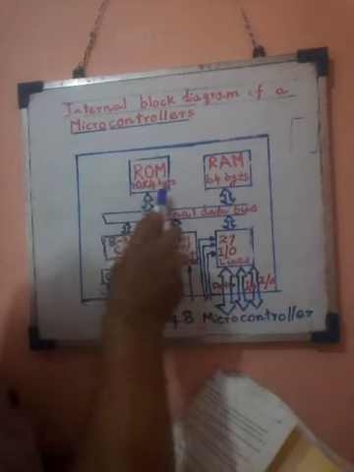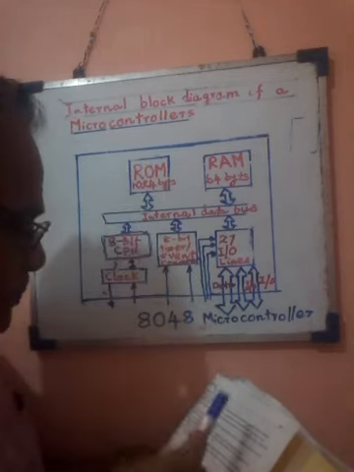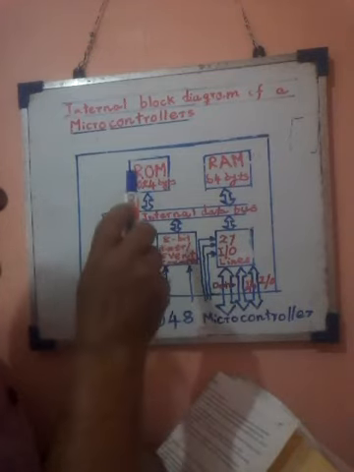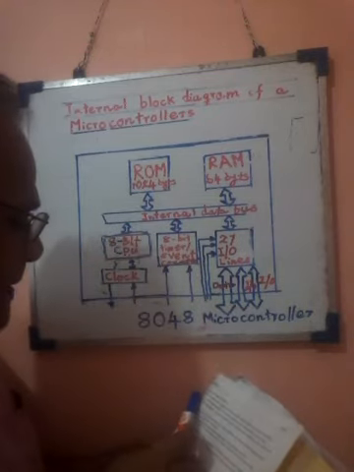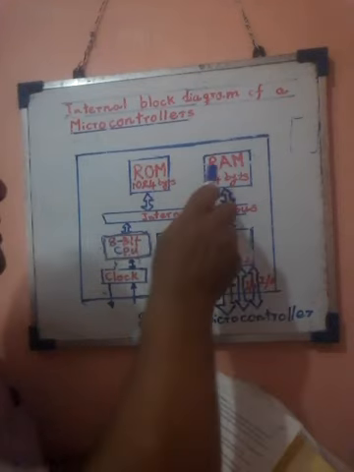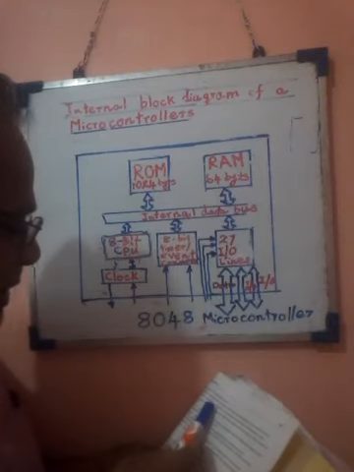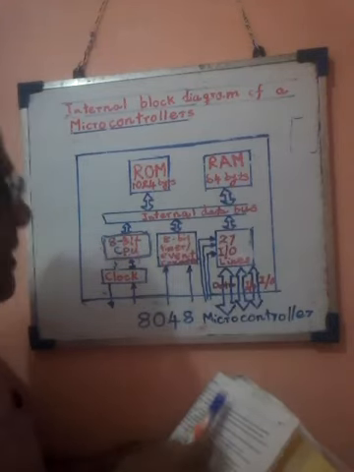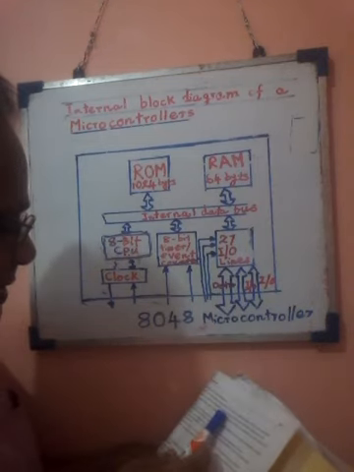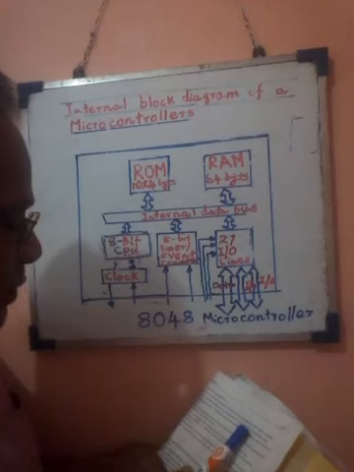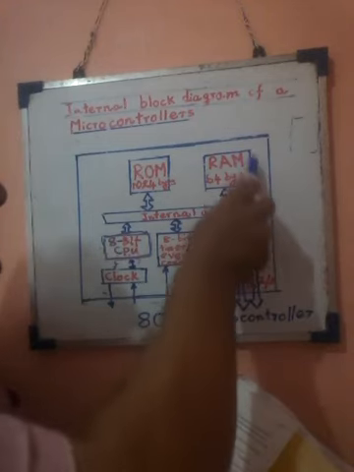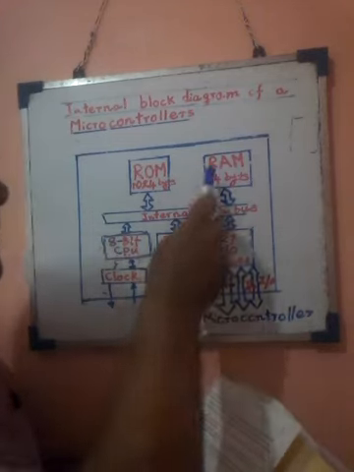The microcontroller operation is controlled by this ROM, which is inside the microcontroller. B, RAM includes registers and the stack pointer, and is used to hold temporary data. Temporary data can be held in this RAM.